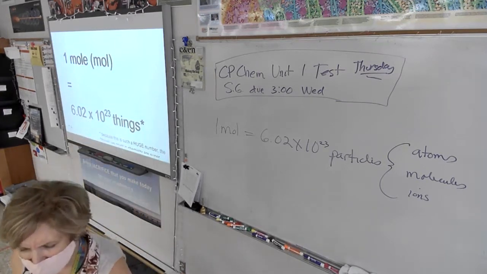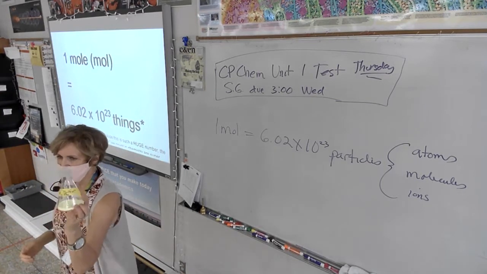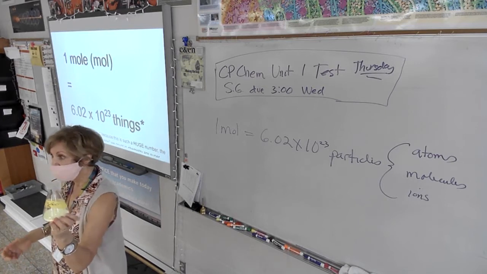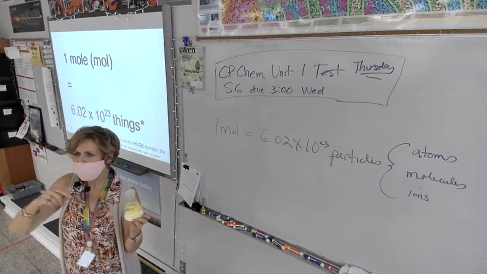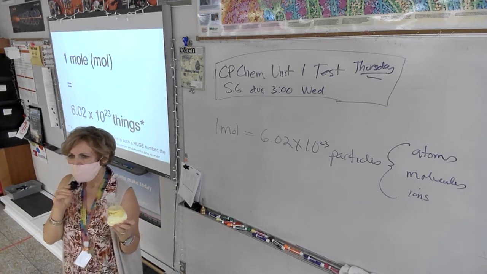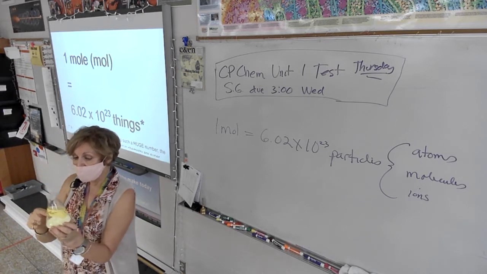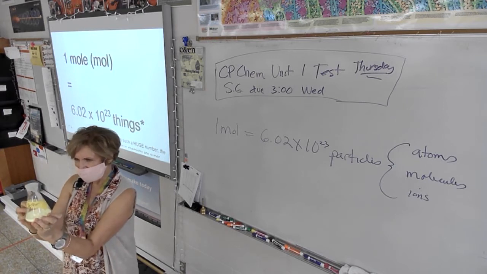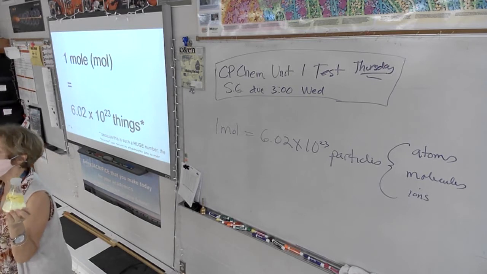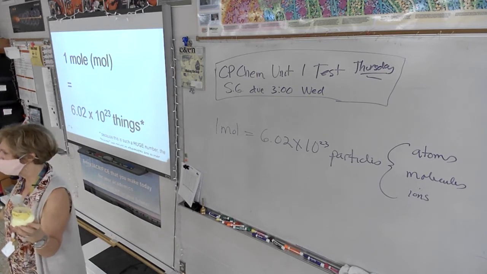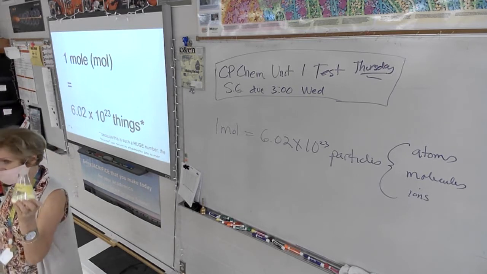So how is it that this is a mole? And if I had a mole of marbles, I would be swimming in marbles. Yeah, but why can I see this amount, and why would the marbles be? Does anybody know if it's the same number? Why is the marble so much different than this?